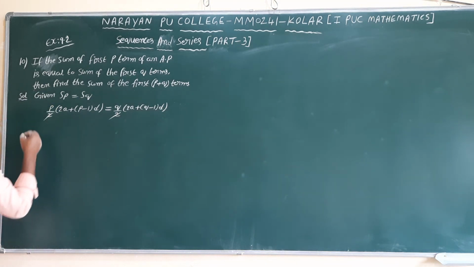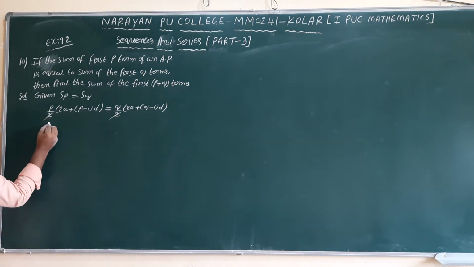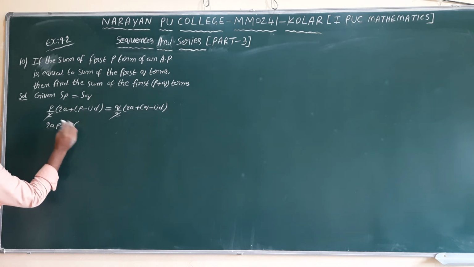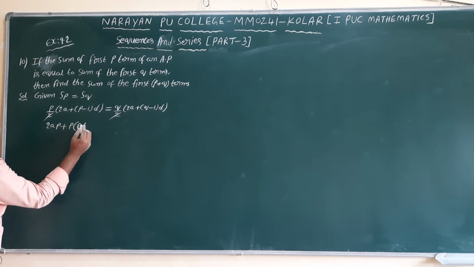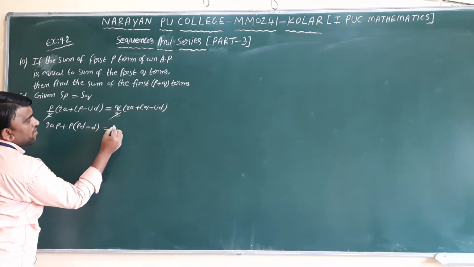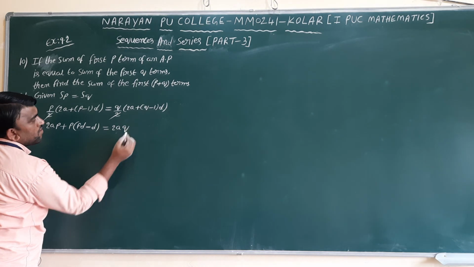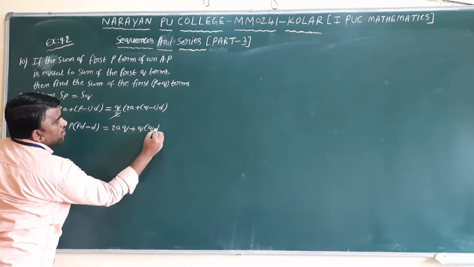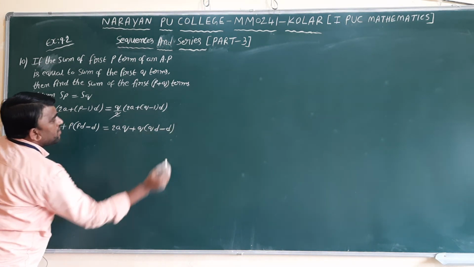So on both sides the 2 cancels. Multiply with p: 2ap plus p into d minus d is equal to 2aq plus q into qd minus d.